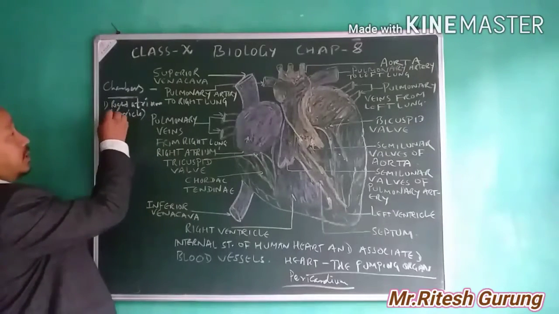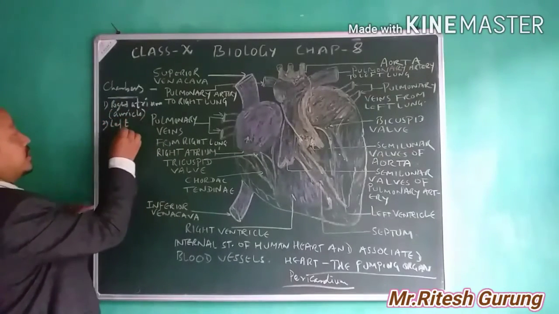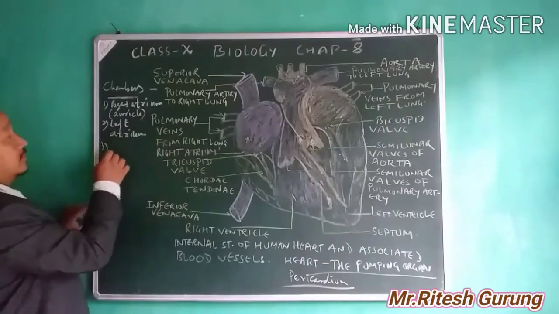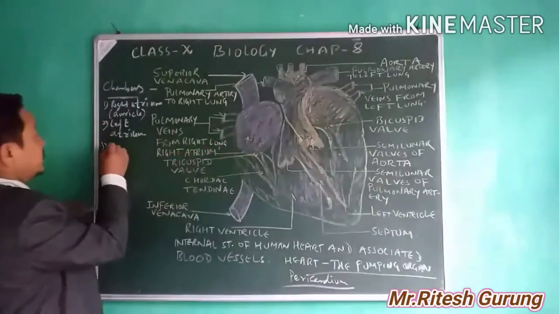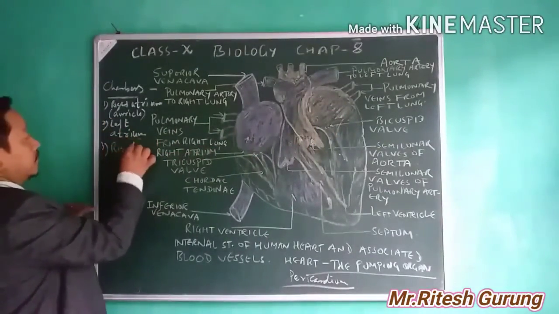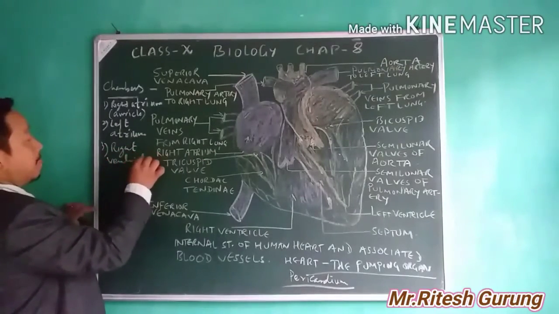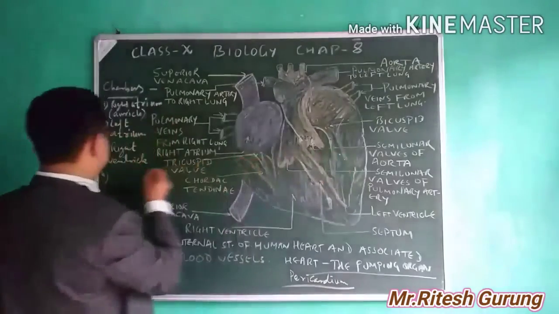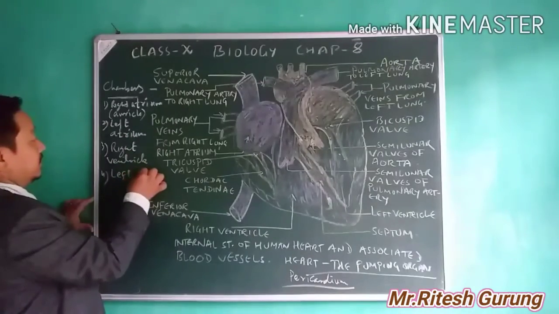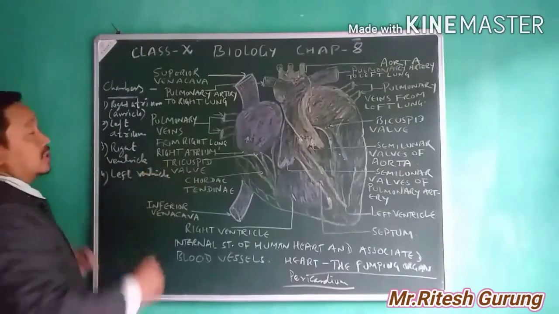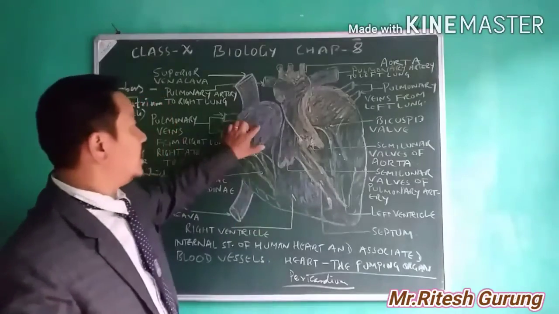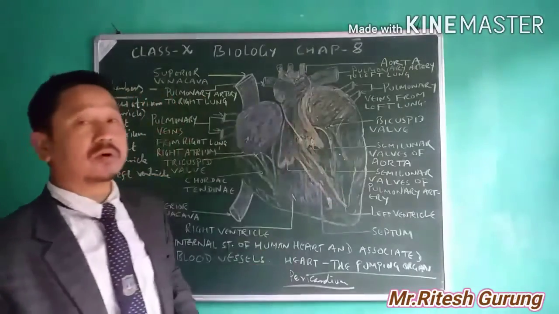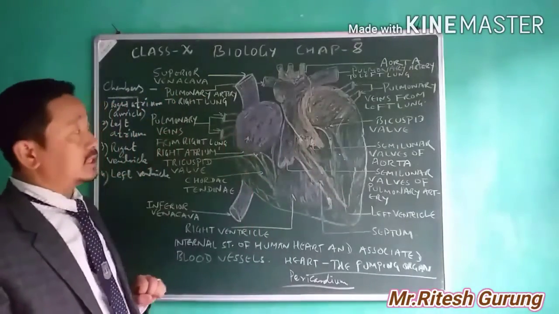Then your left atrium, then your right ventricle, and number 4, your left ventricle. These are the four chambers you find in the human heart: right auricle, right ventricle, left auricle, left ventricle.